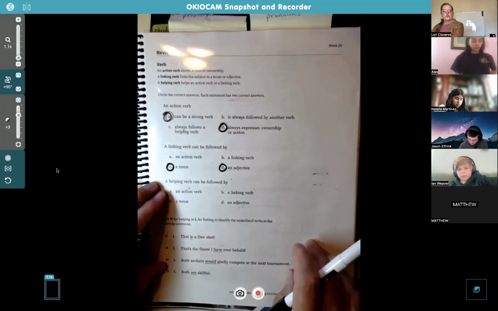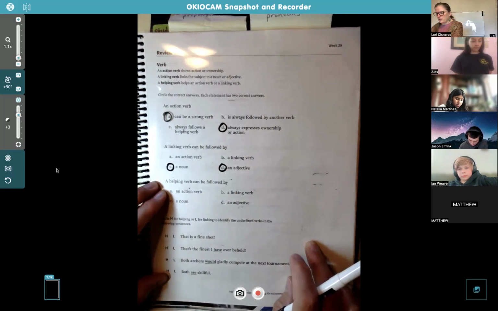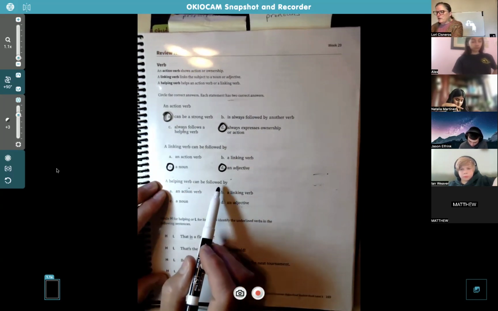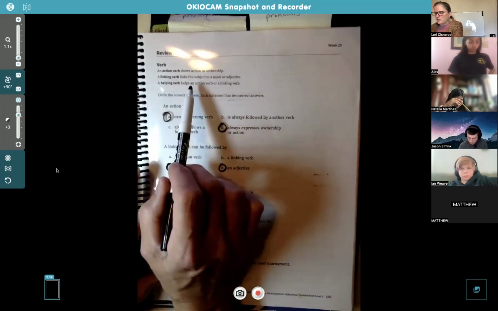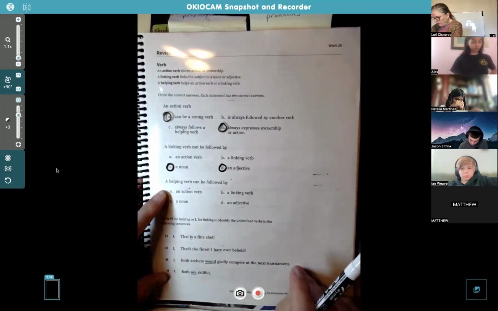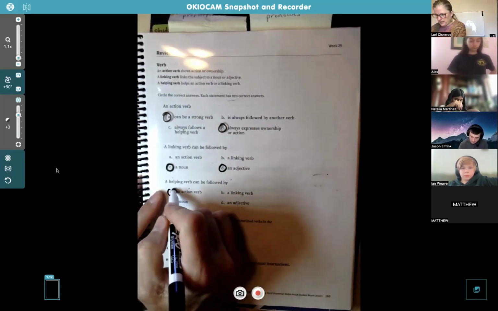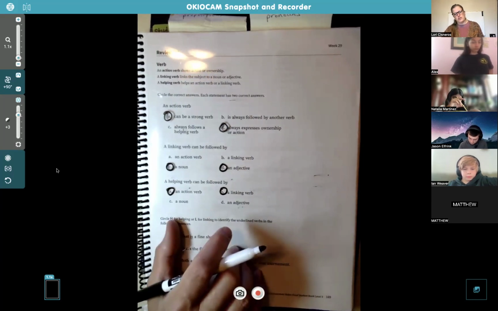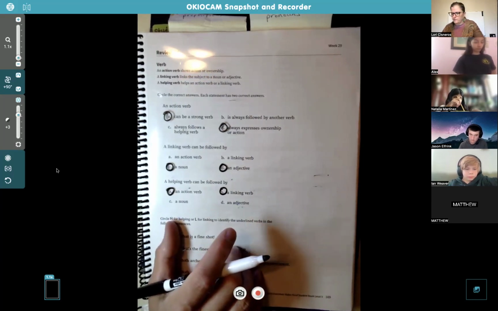It links those two types of words together. And then a helping verb can be followed by, looking back at the definition here, it says a helping verb helps an action verb or a linking verb. And that's A and B, an action verb or a linking verb. I'm just giving you the answers today on this, so.